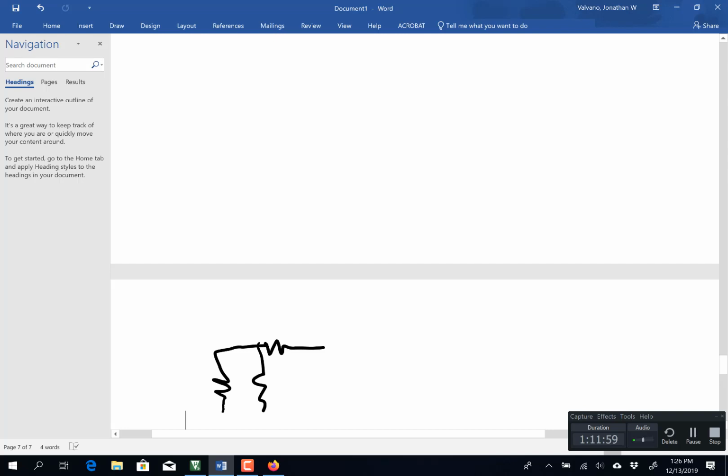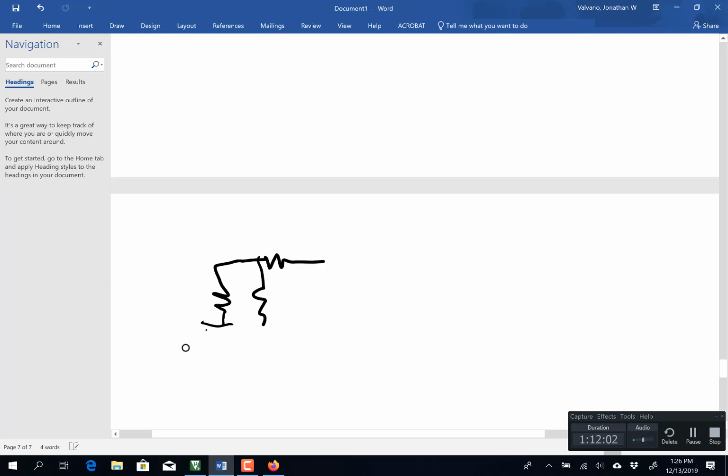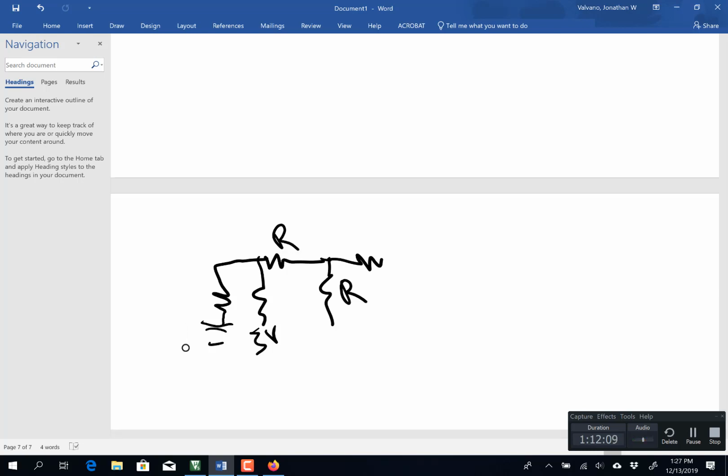So if this is 3 volts, what do I do to my other source? What's the law of superposition say? If I'm going to look at one at a time, what do I do with the other source? Set it to 0 volts. Not open it, set it to 0 volts. I didn't actually ground it, I'm just going to think about it being ground.